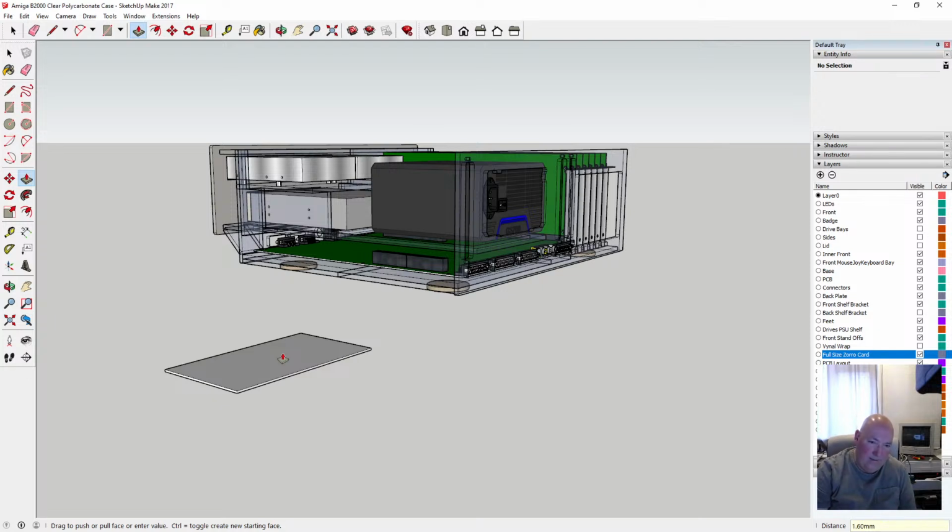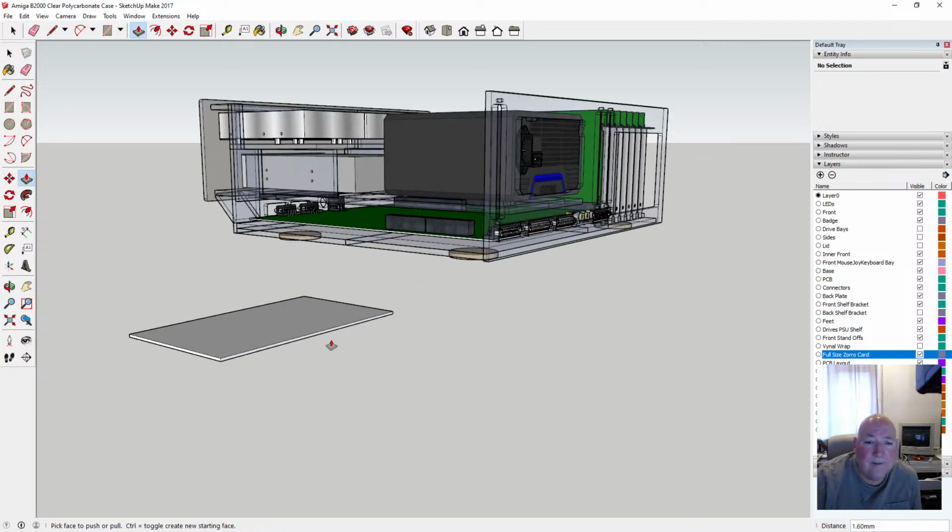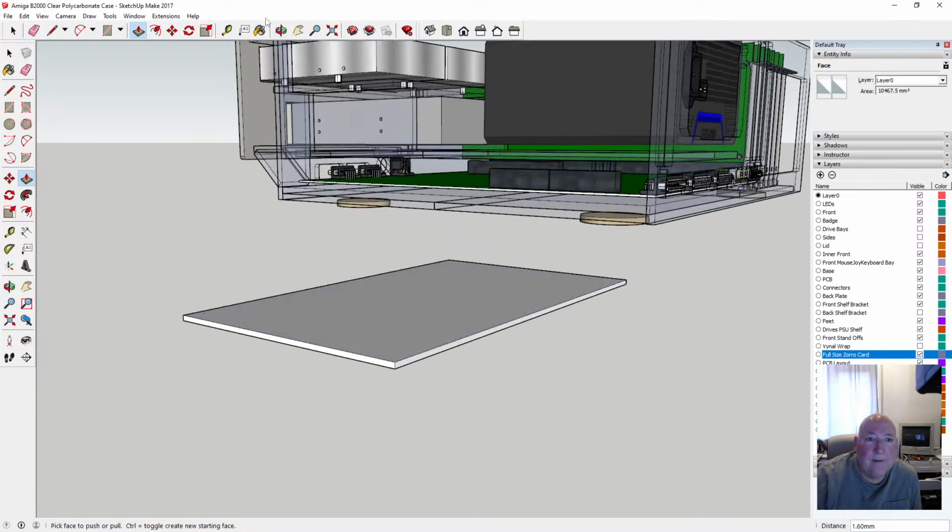Okay, let's model it on its side, why not? So we've got the first bit is flush with the edge and it sticks down 9mm. So we've got 9mm.